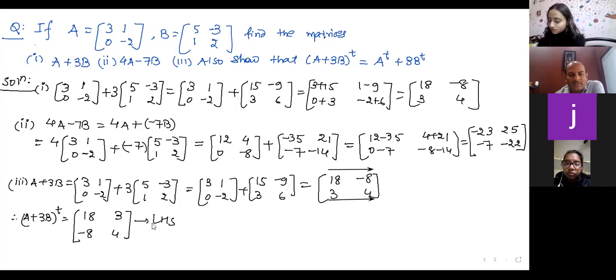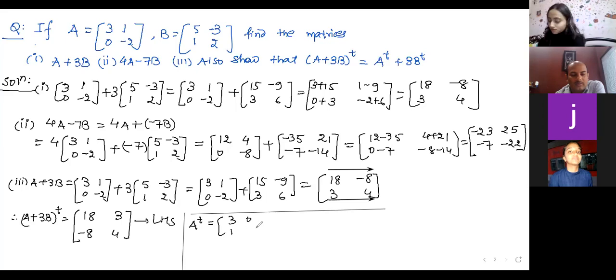Now moving on to the right hand side, what I need is A transpose. Along with that I need B transpose as well. So let's find A transpose. A transpose is equal to 3 1 0 minus 2.